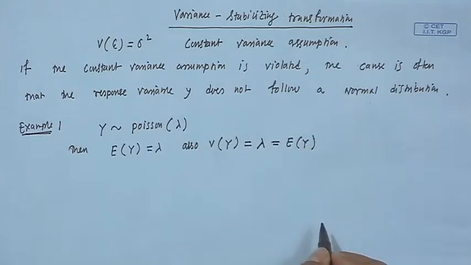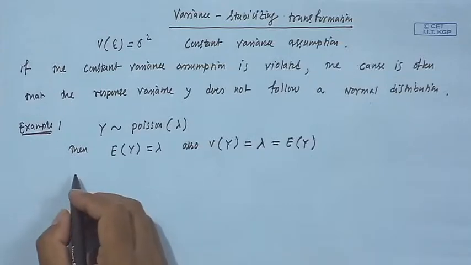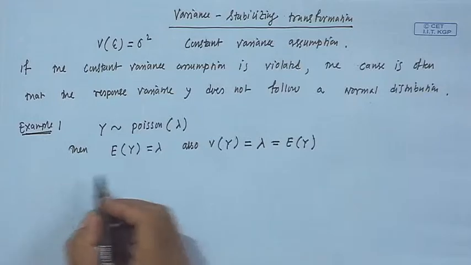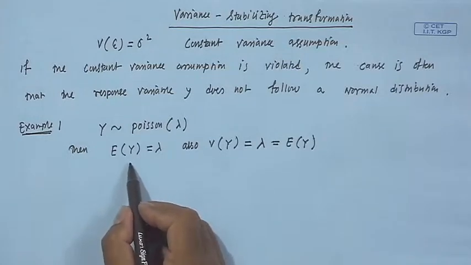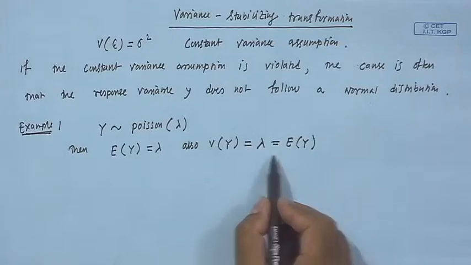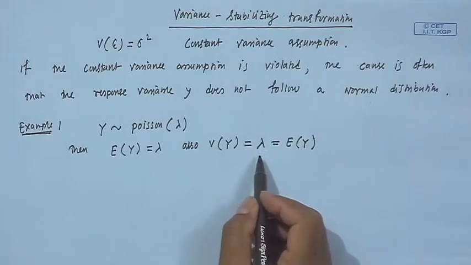So, in this case what we have to do is that we take some transformation on the response variable to make this variance constant.